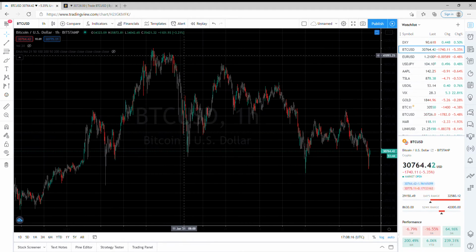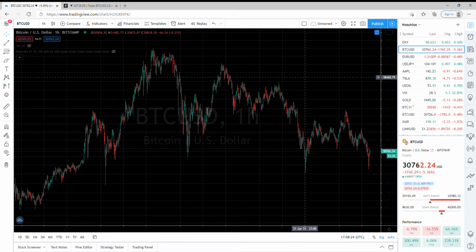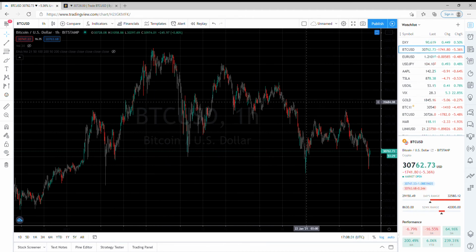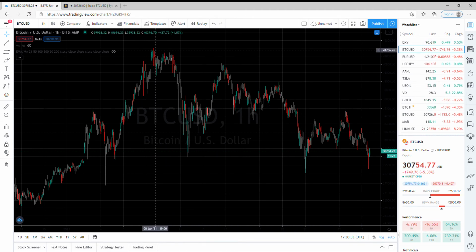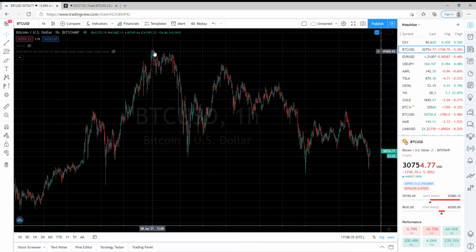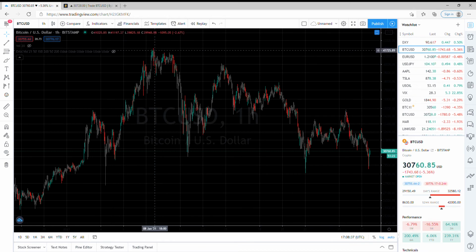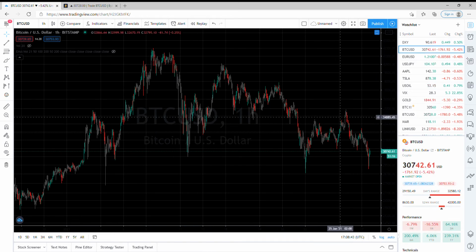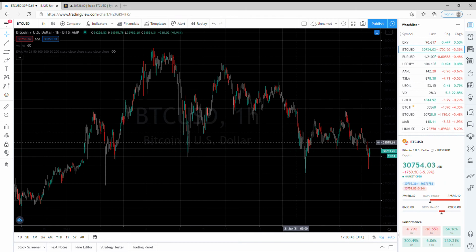First of all, when you're looking for a trade, you have to decide if the trend is in an upper direction or a lower direction. As you can see, we are going in a lower direction. The market is creating lower highs. This is the highest point. This is a lower high, lower high, lower high, and we'll see where we go.